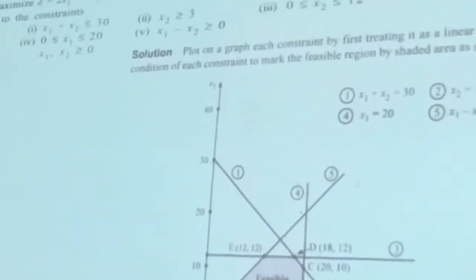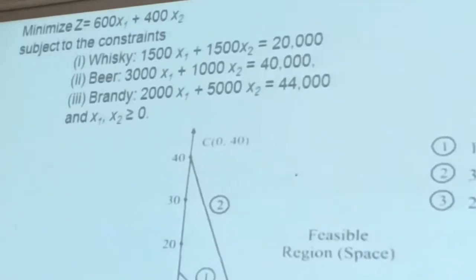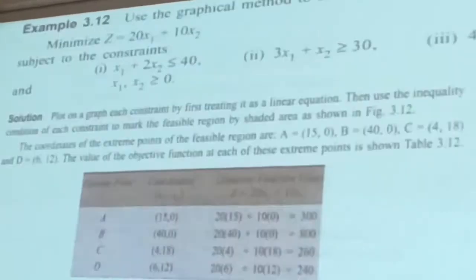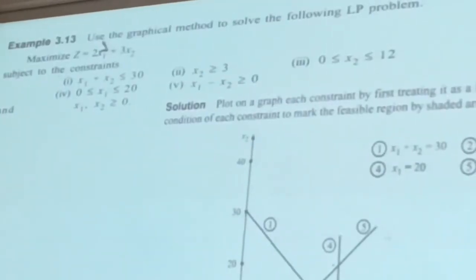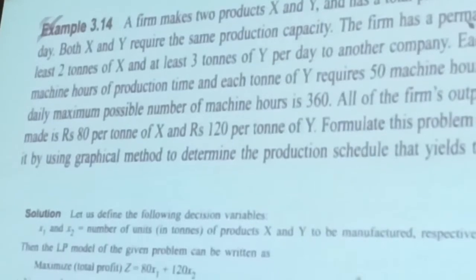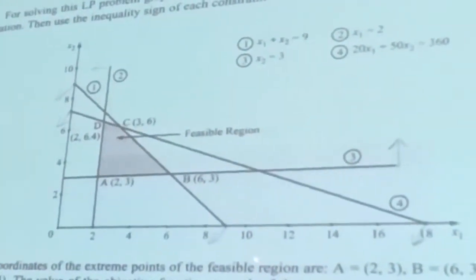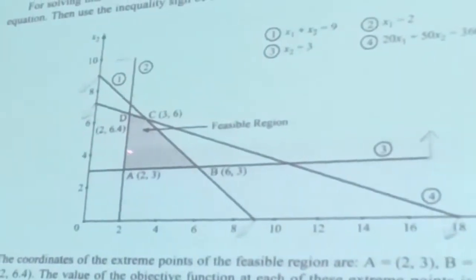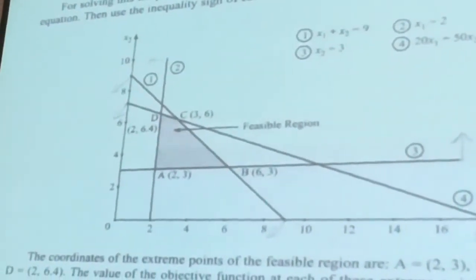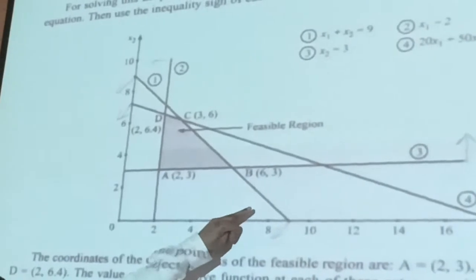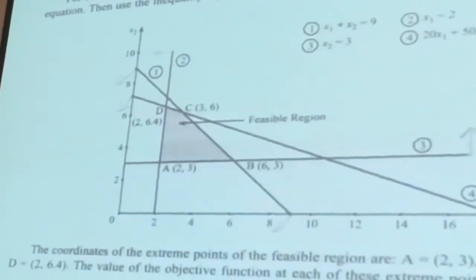This is x1. x1 plus x2 is equal to 9, this line, less than means below this line. So this is our line here, this is x1 plus x2 is equal to 9, less than means below the line.